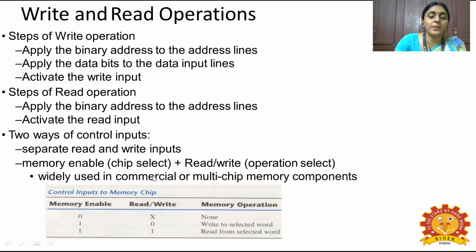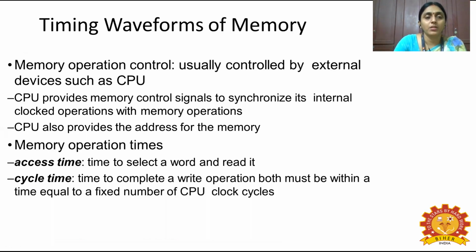And when the memory operation is read from the selected word, the read or write input has 1 and memory enable holds 1. Now we will see the timing waveforms of memory. The memory operation is usually controlled by external devices such as the CPU.